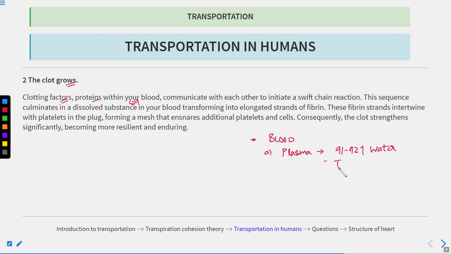Apart from water, it also contains some inorganic substances, and proteins such as fibrinogen, which is involved in the formation of the blood clot. Then the other components are the cellular components. What are these cellular components? These are your RBCs, WBCs, as well as the platelets.